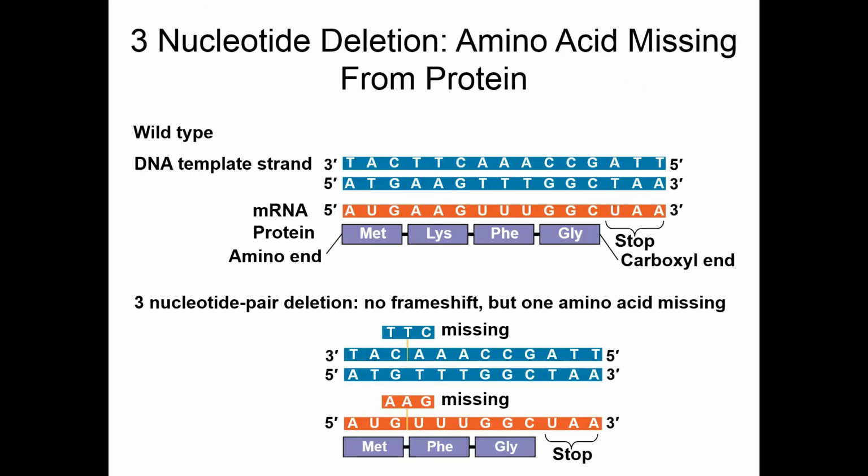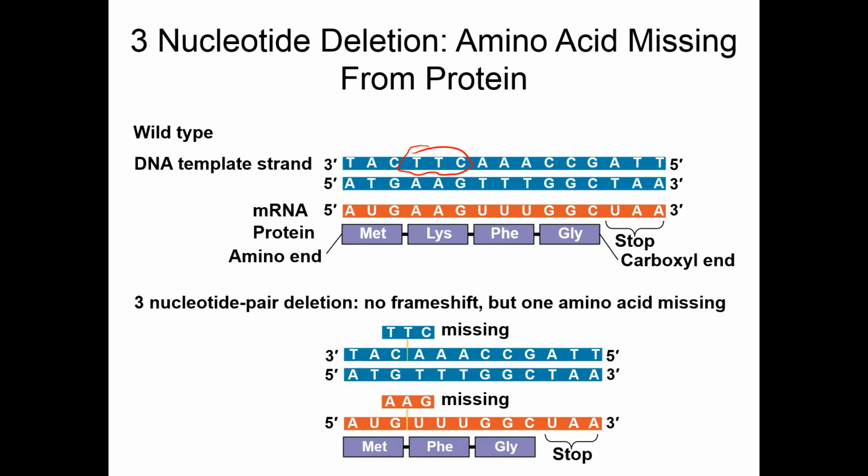Now, what happens if you delete 3 nucleotides? Here, let's delete TTC. If you cut that sequence out, you actually end up shortening the overall protein. You lose 1 amino acid.